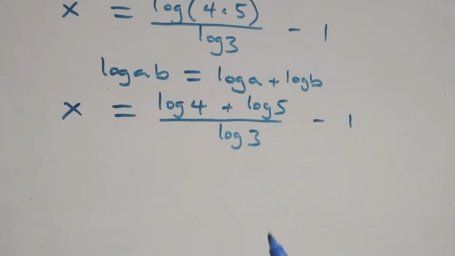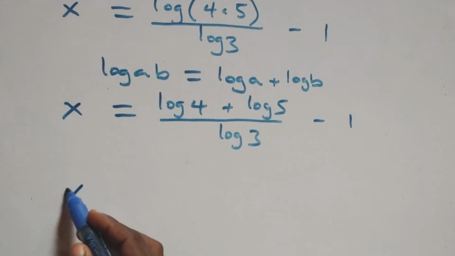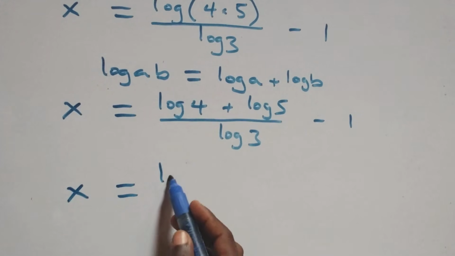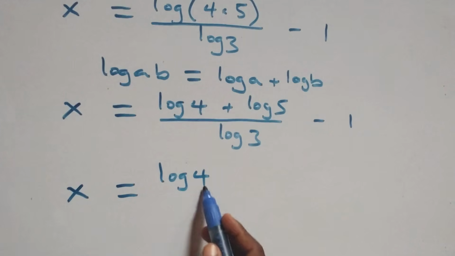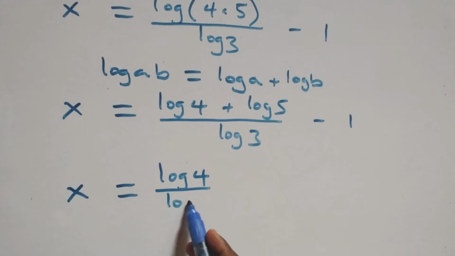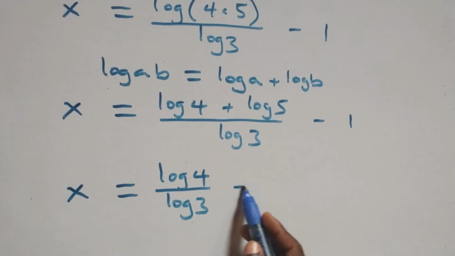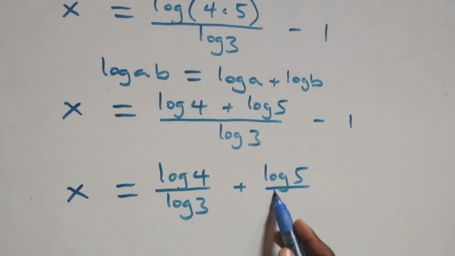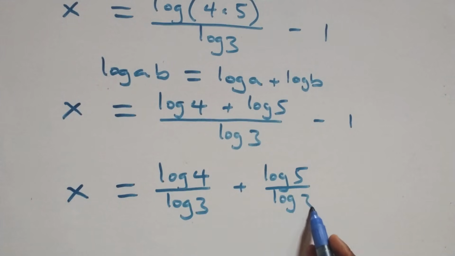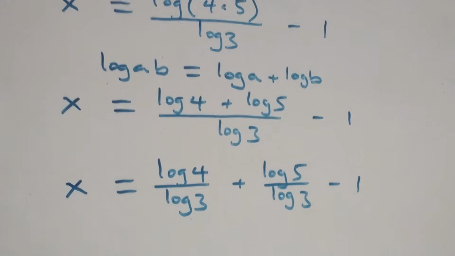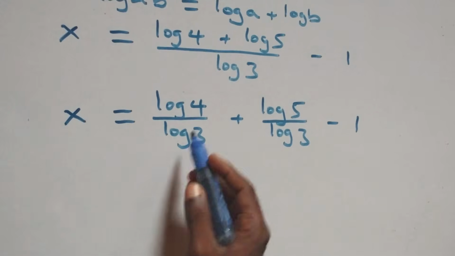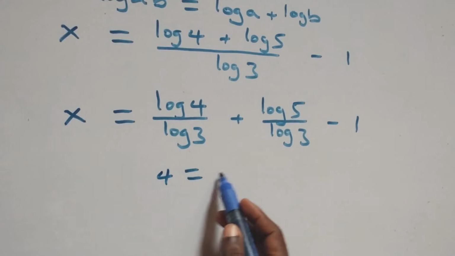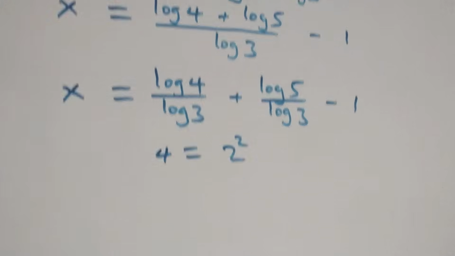Then we separate this into two fractions. We have x equals log 4 over log 3 plus log 5 over log 3 minus 1. Then we can write 4 as 2 times 2, the same thing as 2 squared.